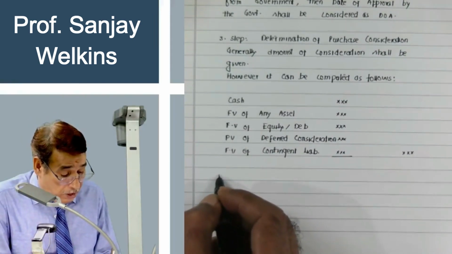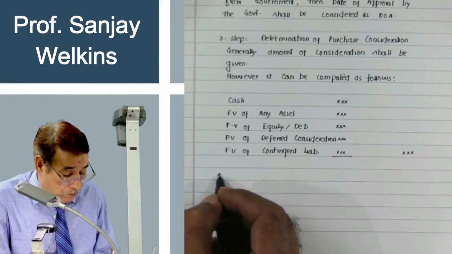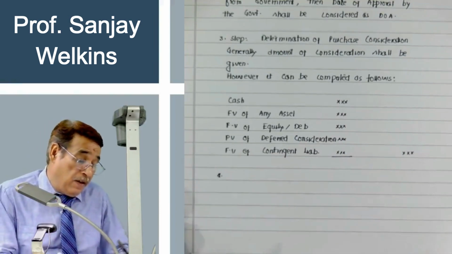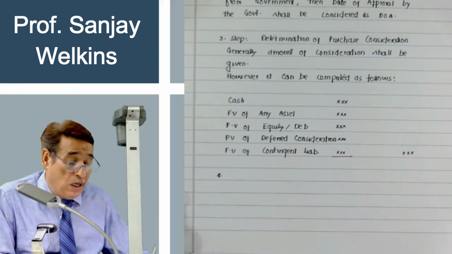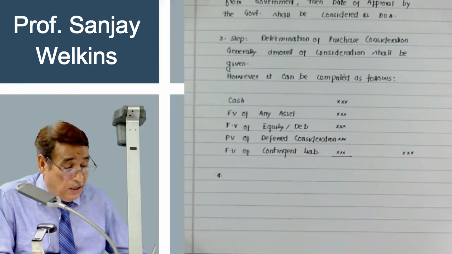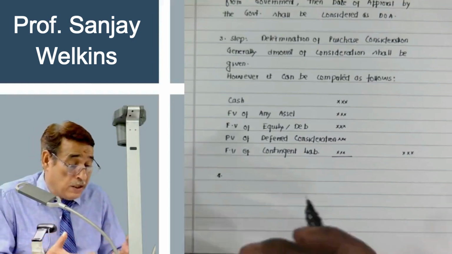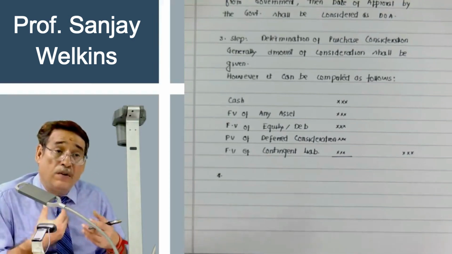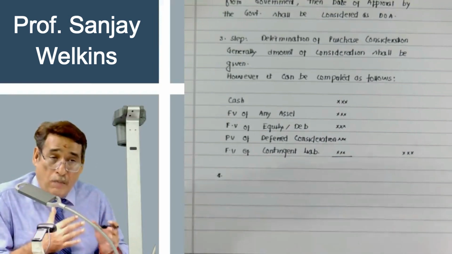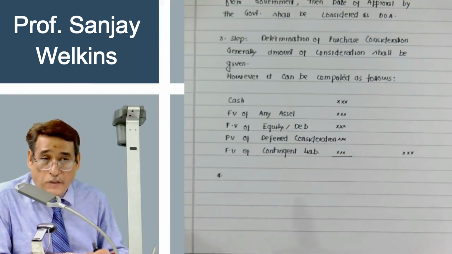Correct? Now the next step, fourth step. You have determined who is the acquirer, number one. You have also determined what is the date of acquisition. You have concluded what amount of consideration you are going to pay to the acquiree.